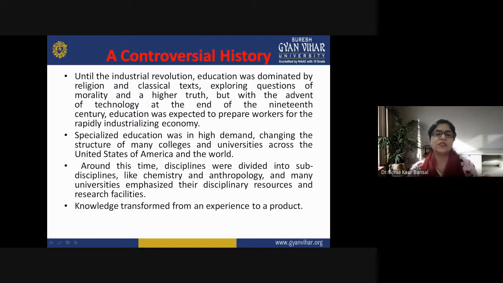This was the situation before the Industrial Revolution happened, and education was majorly dominated by religion and classical texts like the Upanishads, which we believe taught us. They were more about exploring questions of morality and a higher truth.